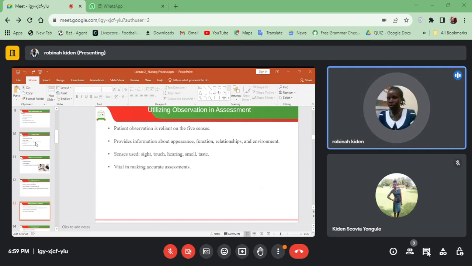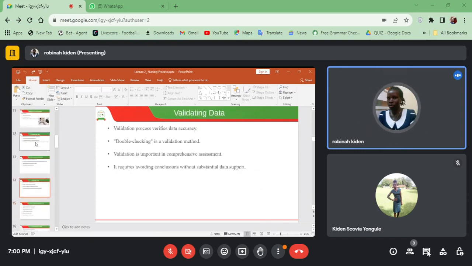So all these are very, very important to make sure that we make vital assessments when we put all of them together. Validating data: the validation process verifies the data, and this involves double checking before you come to the conclusion that what you have done is the right thing. You need to double check it.